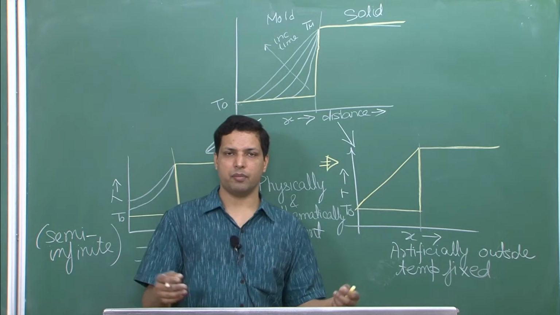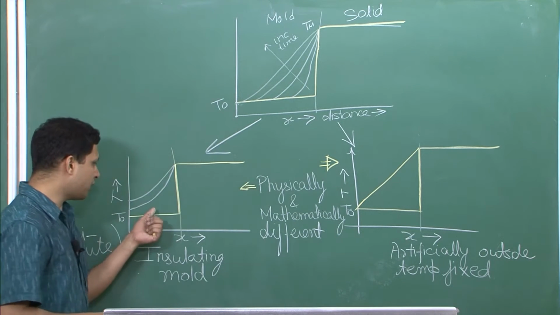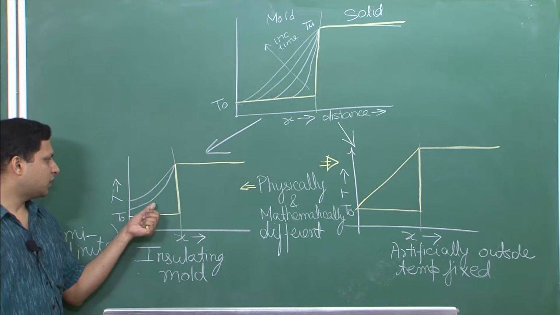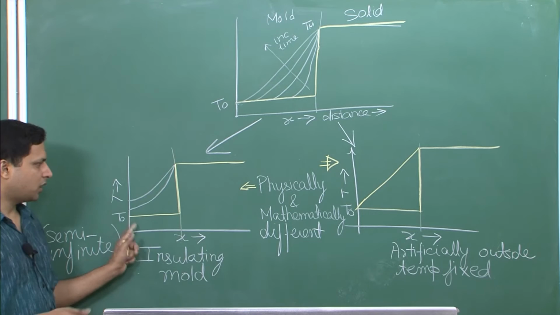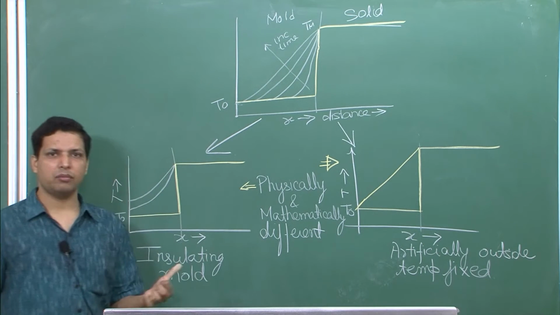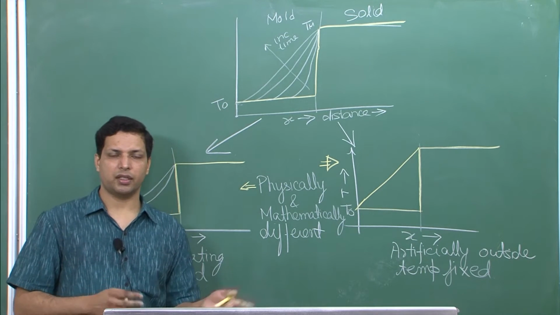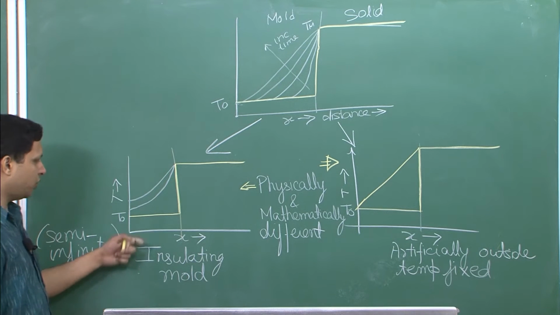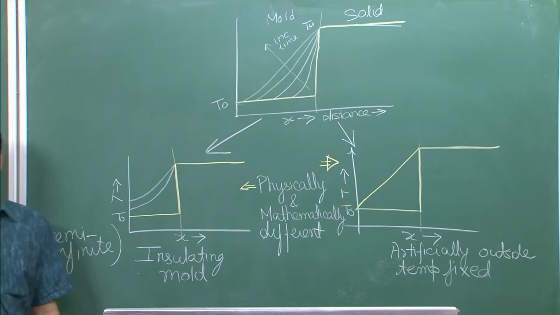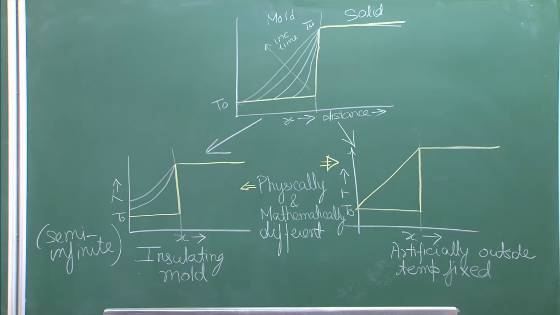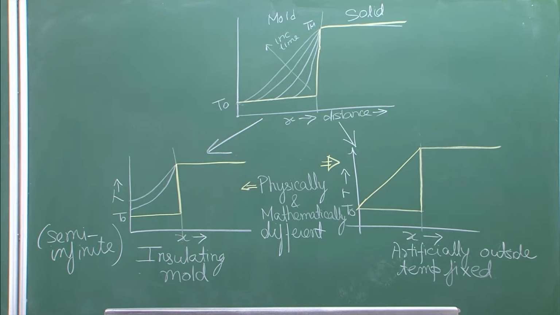It is just the ambient temperature, and if after a certain point the temperature starts to rise, you are not trying to bring it down by any mechanism. So that is why these two are different, and both of them can be used in different conditions. But for now, let us stick with this, which is our insulating mold with semi-infinite mold condition. So that is the semi-infinite mold condition that we are talking about.